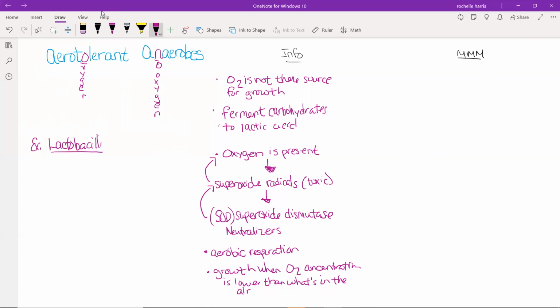Now, lactobacilli are acidophiles. So their environment has to be acidic, and that could range from like 1 to 3 on the pH scale. And you can find these microbes in yogurt.